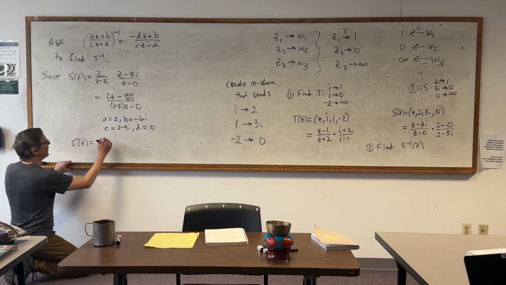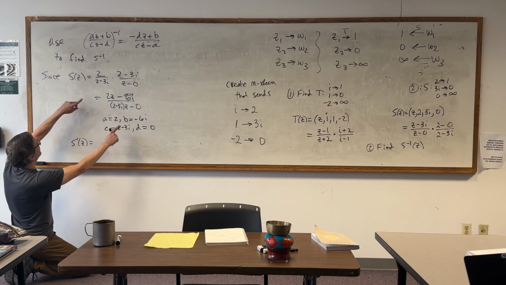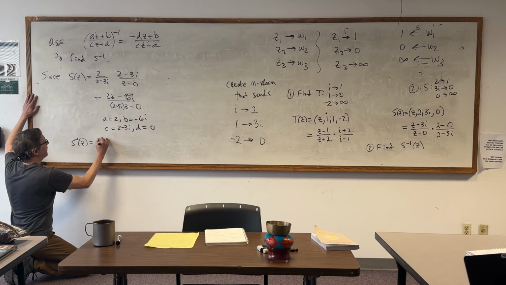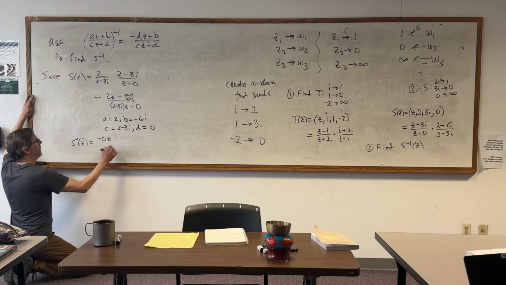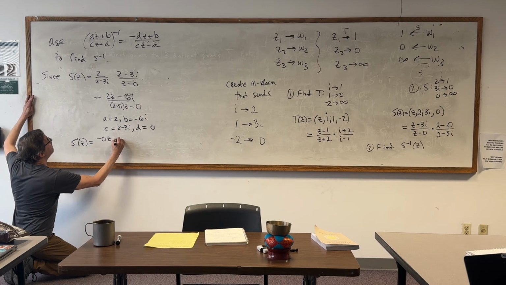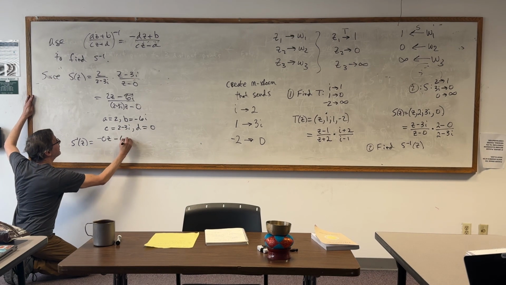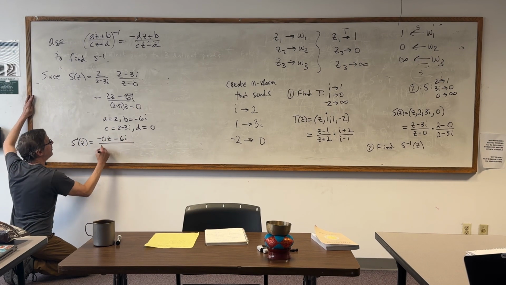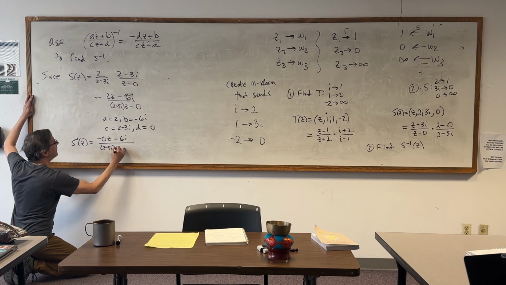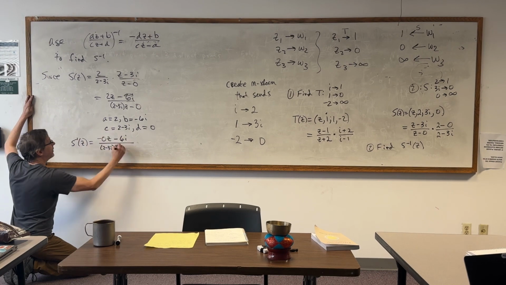I can't believe our book didn't show it. So the minus d, so it's minus 0z, plus b, so minus 6i, over cz, so (2 minus 3i)z minus a, so that's minus 2.